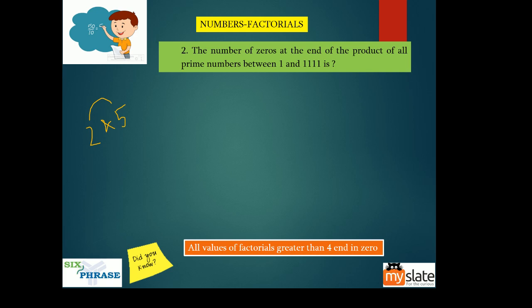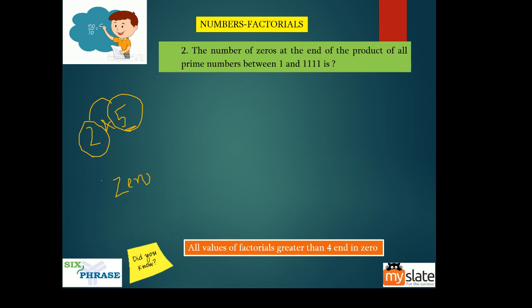Now what does it mean? If you want zeros, you will need a number to end in 5, correct? Then only you can have zeros, right? So what happens here is you will have only 1 2. Even if you have 5s, you need 2s for the product to give you a 0, right guys?